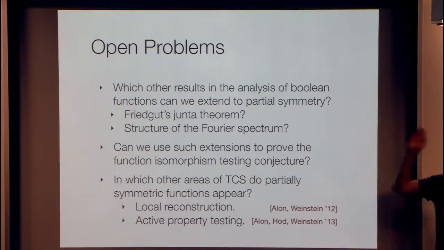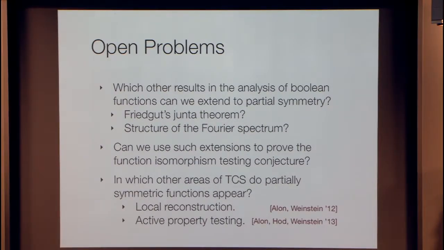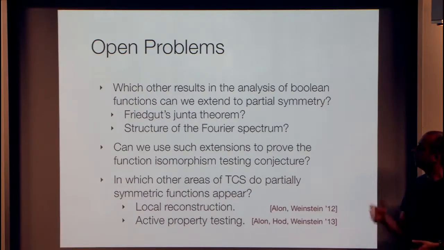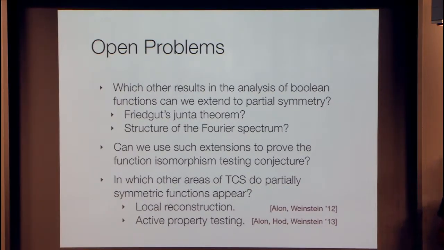So, for example, this morning we saw this already as an open problem. Can we get a Friedgut-Hunter theorem over non-product domains? This is a very nice natural non-product domain. It does have a very natural notion of what it means to be a junta. It's just partially symmetric. Can we prove a Friedgut junta theorem in this case? We have a lot of results on the structure of the Fourier spectrum of... Is there a particular conjecture?